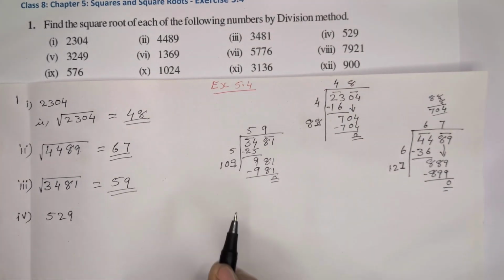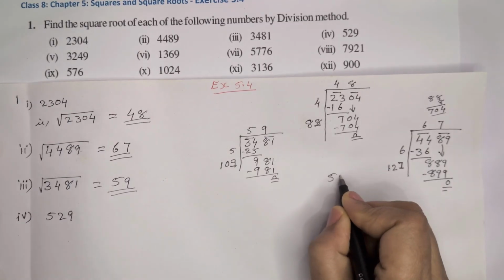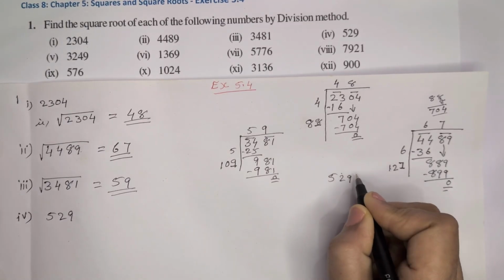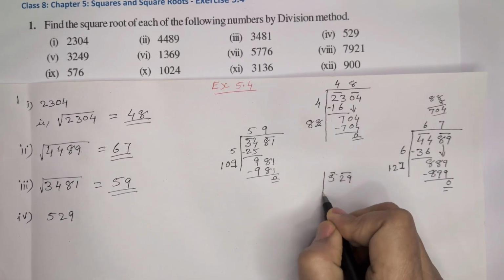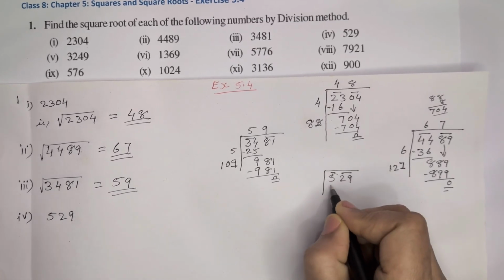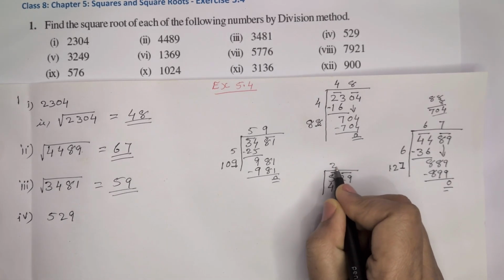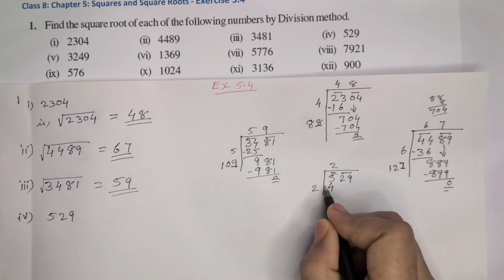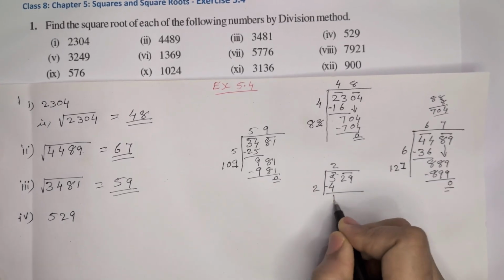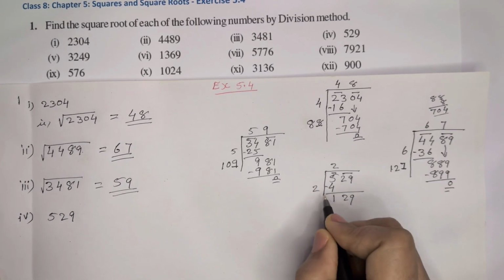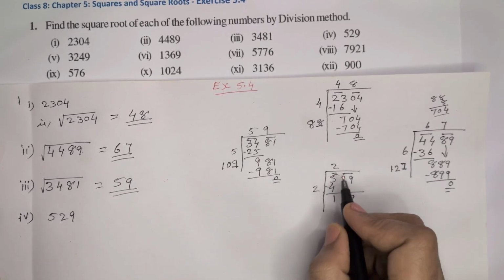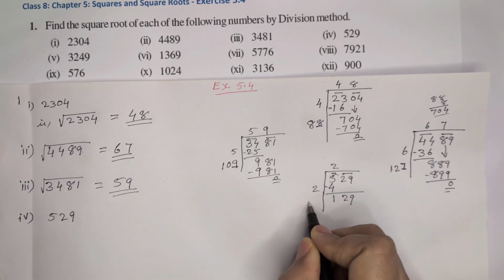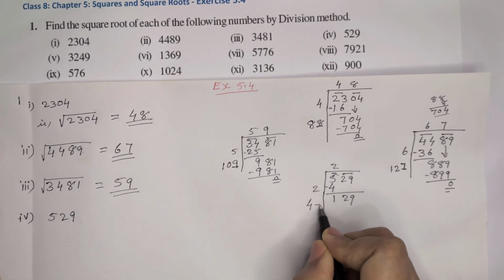Next is 529. For that 529, 3 digits only. So from right we have to make the group. Here only one digit is there in the group. So below 5, 4 is the perfect square. So 2. 2 into 2, 4. And here 1 is the remainder. Next group 29. At the same time 2 into 2, or 2 plus 2, that is 4. 4 into 1 digit supposed to come here.